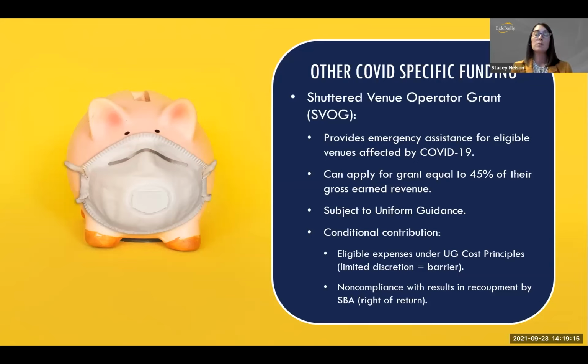These amounts would also be subject to uniform guidance. Those eligible expenses need to be incurred in accordance with the cost principles of uniform guidance. So again, we have that limited discretion or a barrier. Non-compliance could result in recoupment by the SBA. So we have the right of return as well. Those two items together would equal a condition and, similar to the HERF grants, would likely be considered restricted as well.